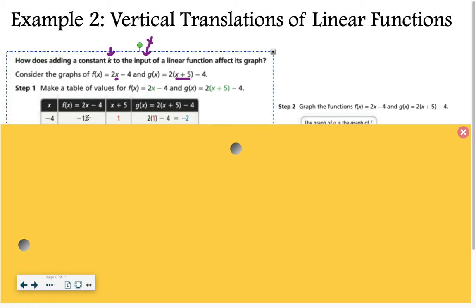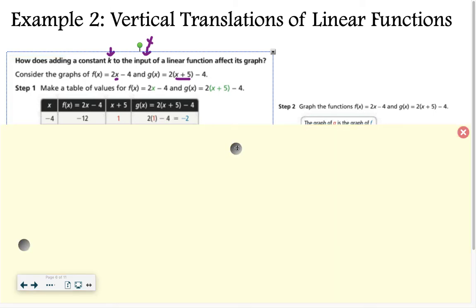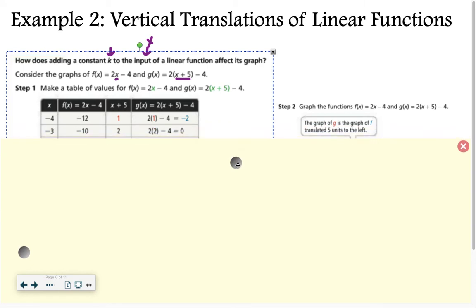Negative 8 minus 4 is negative 12. And then if we plug negative 4 into x plus 5, we get a positive 1. So I'm going to take that positive 1 and plug it into my g of x function. I'd say 2 times 1 minus 4, that's a negative 2. And then I can shift down, look at negative 3, negative 2, and so on and so forth, okay?